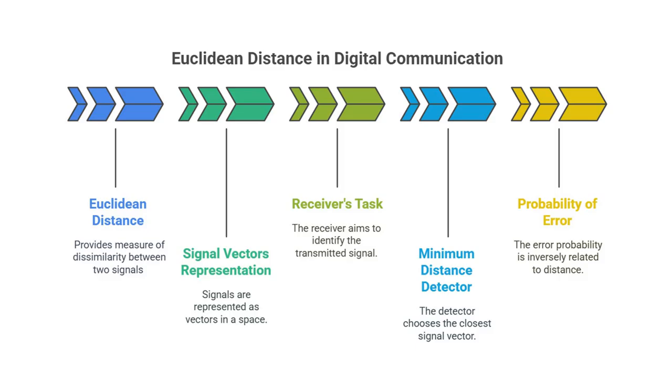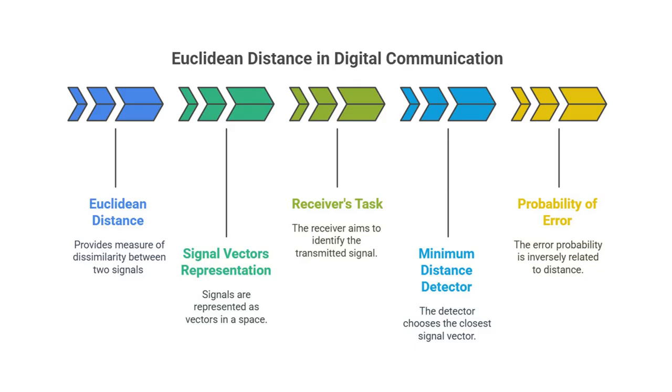So a common strategy is to choose the signal vector that is closest to the received signal vector in terms of the Euclidean distance. And the probability of error in detecting the correct signal is inversely related to the Euclidean distance between the two signal vectors. So this was about the Euclidean distance.